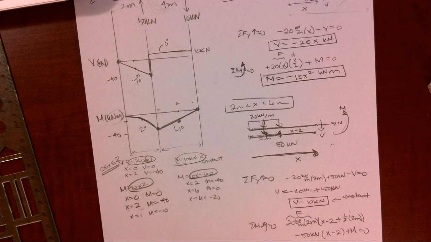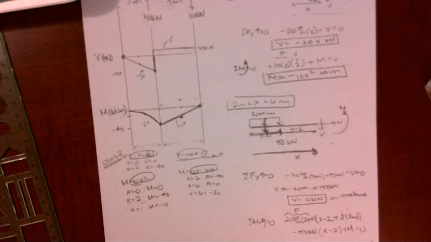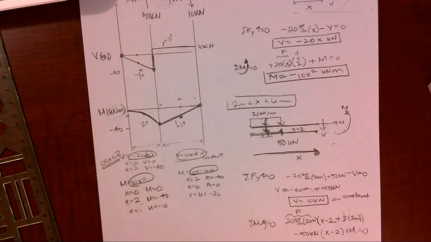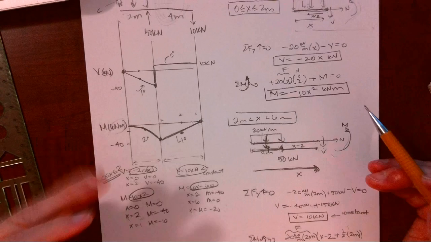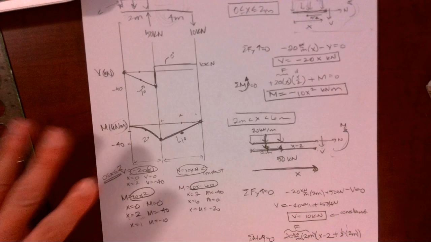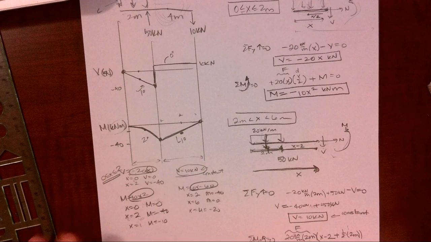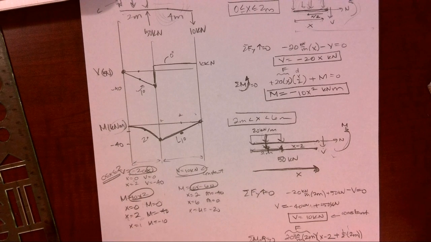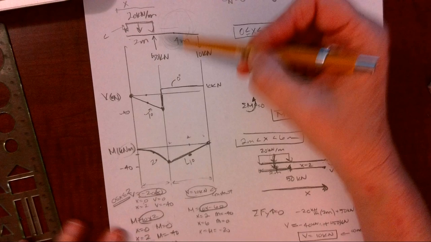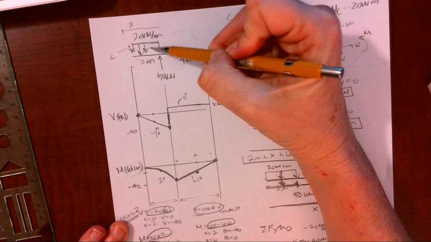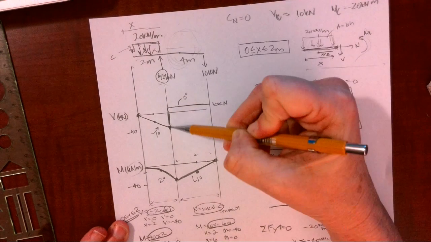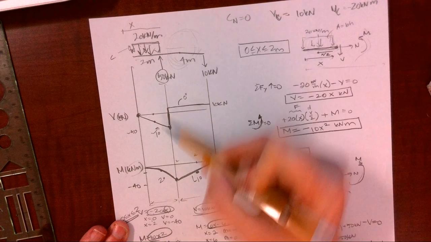Once we start doing them based on area of the curve above, it's pretty easy to start seeing where we're headed. And this is a great way for you to start understanding, number one, your equations, and number two, do your equations make sense? Here, I went from 0 to negative 40. All of a sudden, I added a 50 kilonewton load. Negative 40 plus 50 is 10.